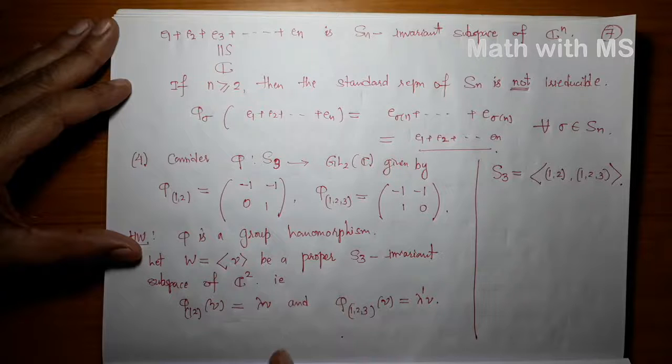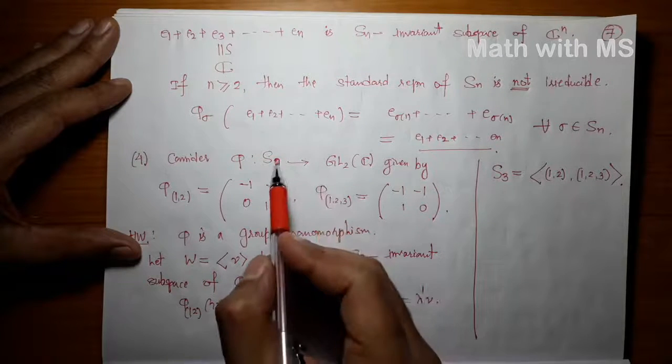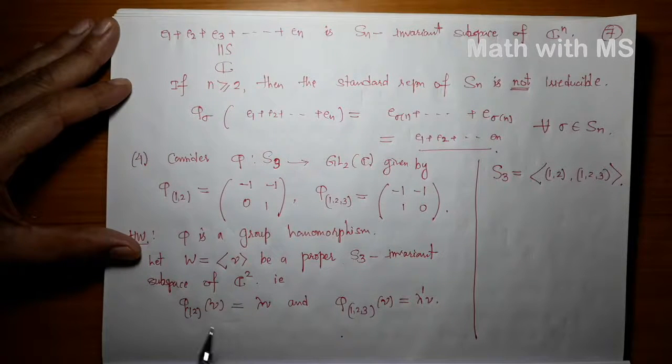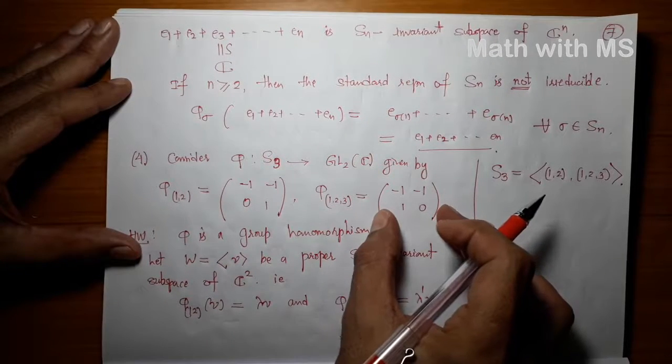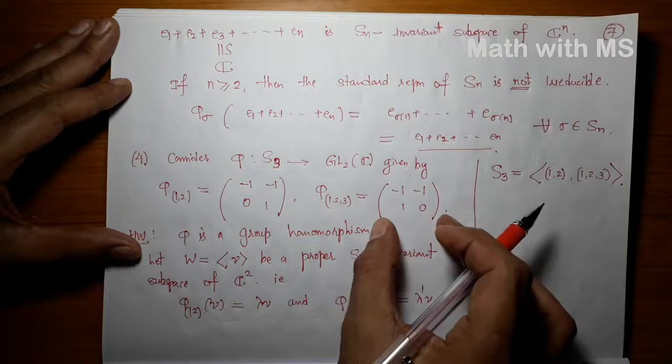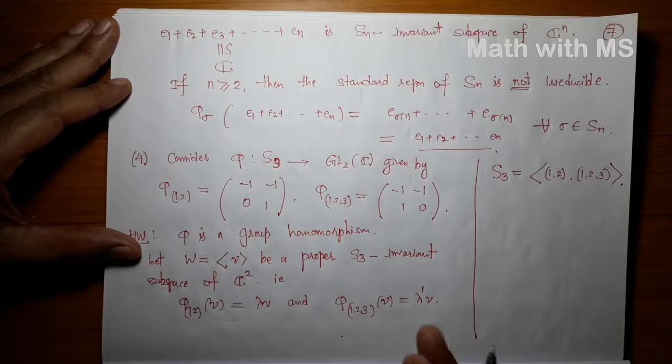It's an invariant subspace. So what does it really imply here? See that phi (1 2) is a matrix, right? I am saying that this non-zero vector is an eigenvector for (1 2) and (1 2 3). In fact, it's an eigenvector for all the elements of the group S3, right? But now phi (1 2) is just a 2 by 2 matrix, and (1 2 3) is this 2 by 2 matrix. We find their eigenvalues and check that they cannot have a common eigenvector, and therefore we will get a contradiction, right? So let's check it.